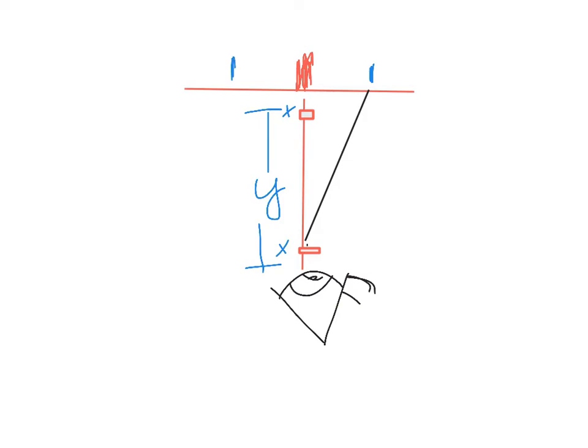In theory, the two distances, x1 and x2, should be exactly the same, but they probably aren't because we know how we do lab, right?